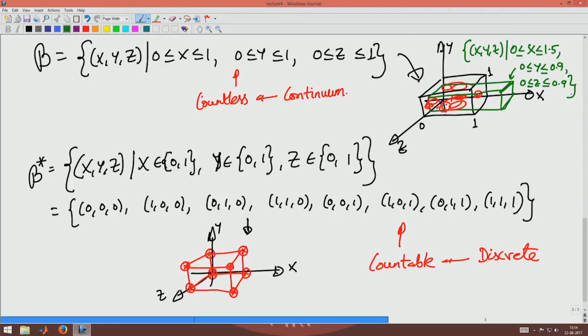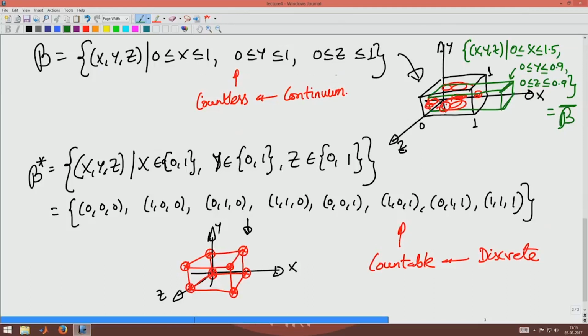Okay. Now, we will say that the mapping between this B and this B, let us say this is beta bar, we will say the mapping between beta and beta bar is 1 to 1. You should not get confused that if it is 1 to 1, how does the volume preservation and all those things happen. Okay. The volume is not preserved clearly in this deformation.